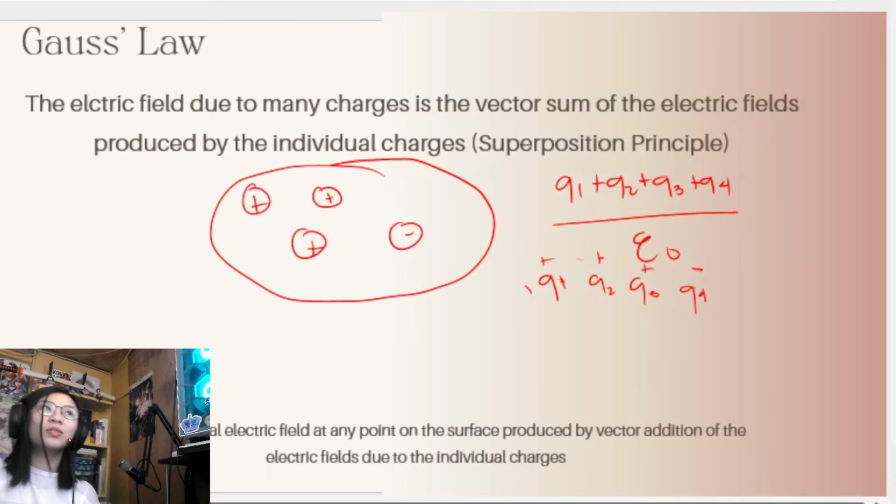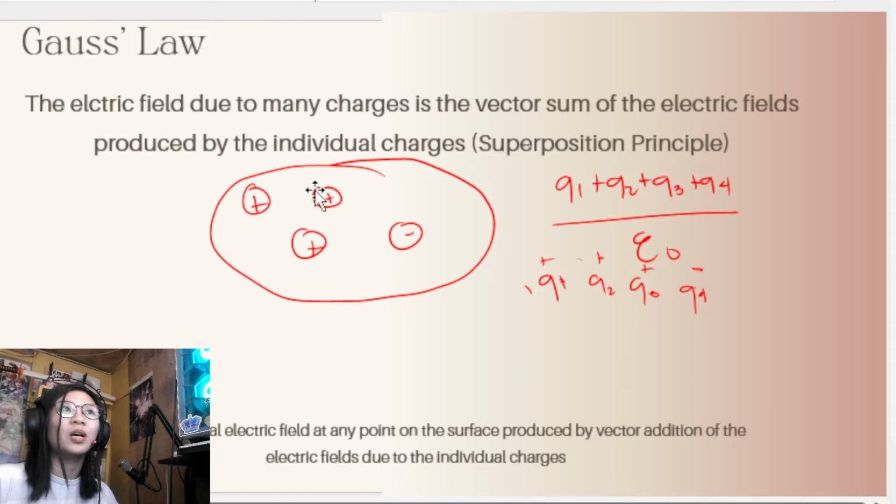So Gauss law also follows the superposition principle. So it means if daghan kay charge naa sa sulod sa imong surface, imuha ra na silang i-add tanan as long as they are inside the surface. So let's say we have 1, 2, 3, 4 charges. So pagkuha sa ilahang electric flux, you just have to add them all.